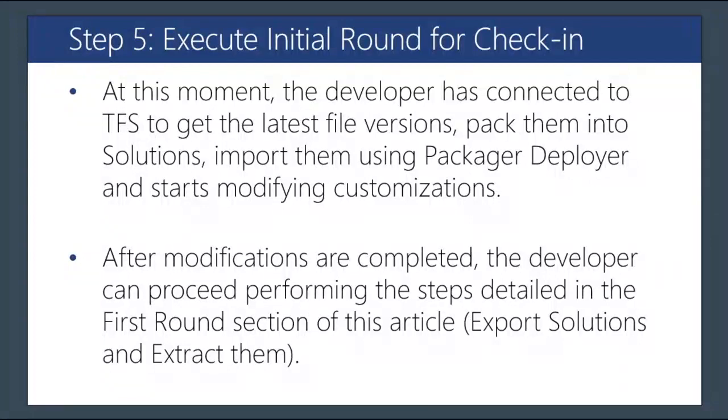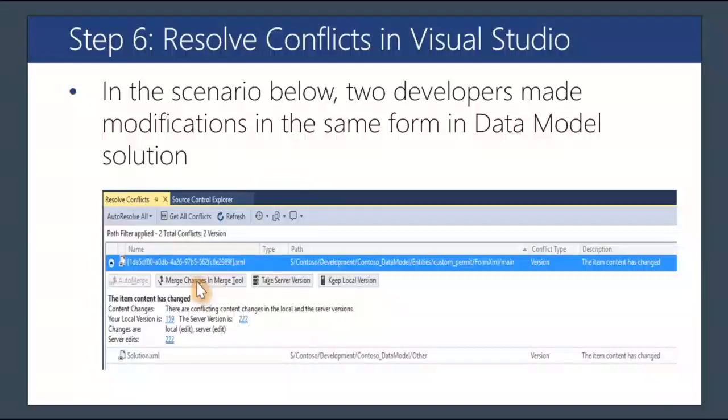When you've done all of your modifications, you can go through the steps we talked about of how to get the solution out of your Dynamics 365 instance and bring it back into Visual Studio for the customizations that you performed. At the end of that, you have the ability to go into Visual Studio and resolve conflicts.